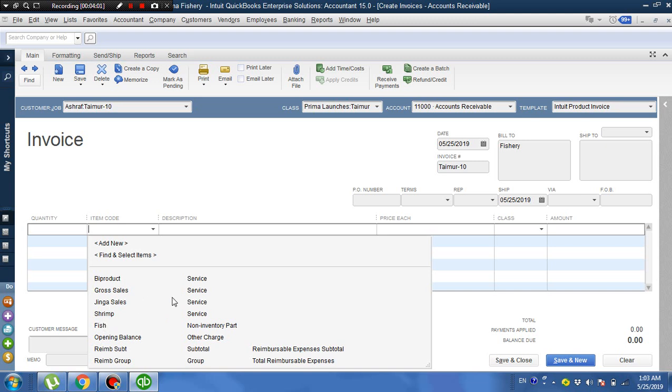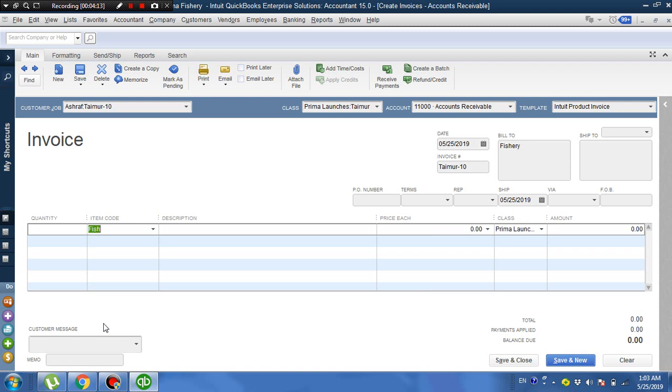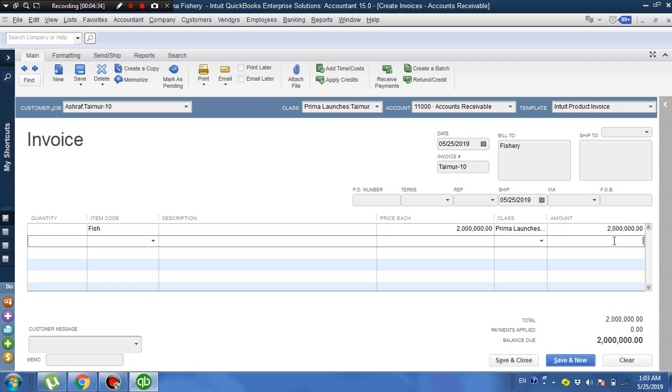When the catch arrived at the fishery, they categorized it because the rates of fish, shrimp and prawns are different. So we are going to select fish here, and we are going to give the amount. Let's say 2 million, fish caught, and that's it.